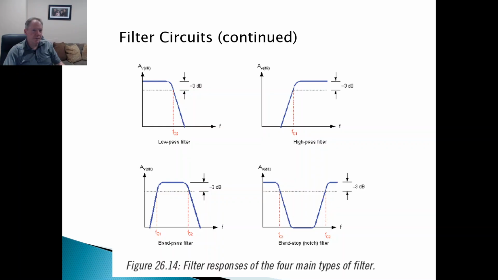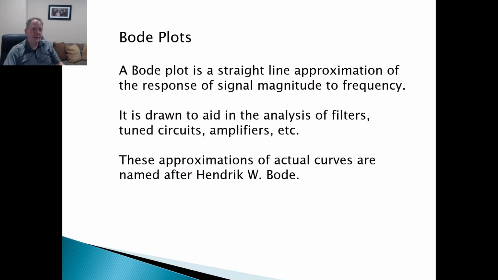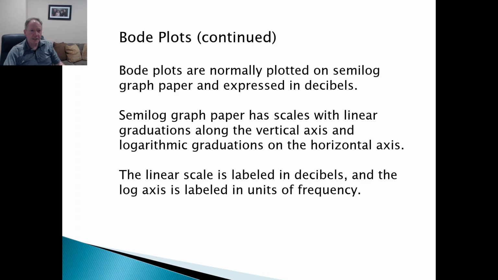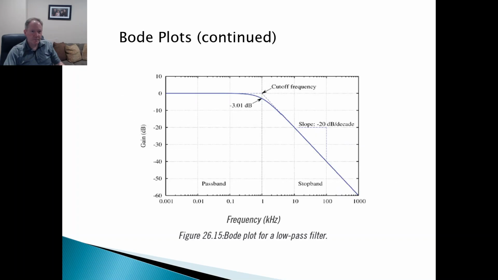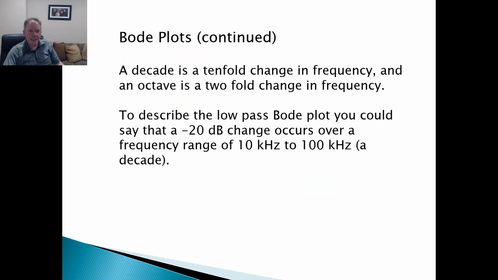So here's a good picture that shows you what the low pass filter output looks like, what the high pass filter's output looks like, what the band pass filters look like, and what the band stop or notch response is. All right? And then the Bode plot is where all of this is done on semi-log graph paper.